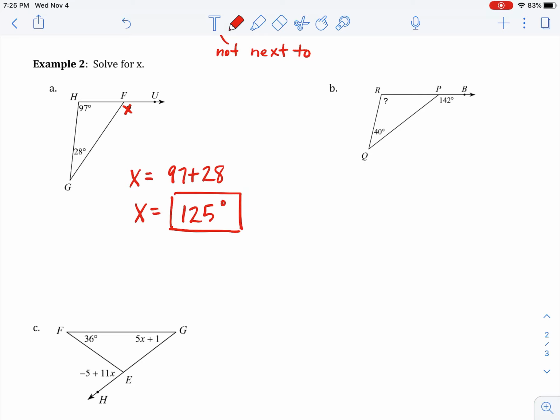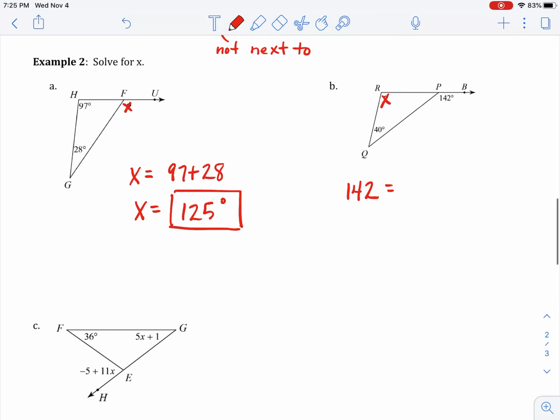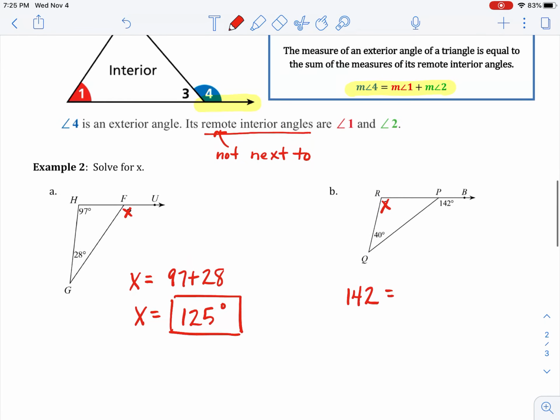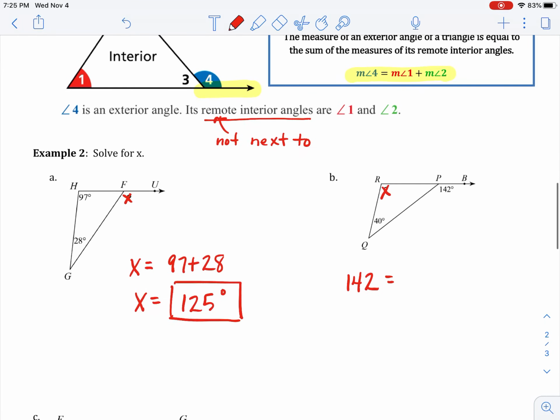Now don't be confused when they move the x to the inside of the triangle, right? In example 2b, that question mark, which I'm going to change to an x, is on the inside of the triangle, but that remote angle, which is 142 degrees, so 142 equals, remember your exterior angle, if we look back up above, our exterior angle is equal to the sum of the remote interiors.